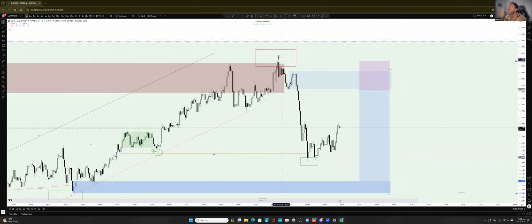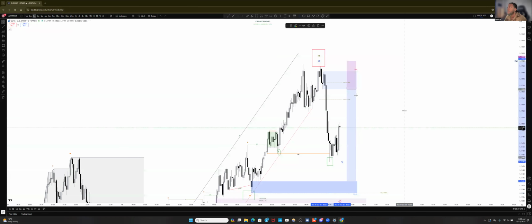There are equal highs up here that I think price could be using to keep possible people from entering. Let's see on the 3 minute, what does the zone look like?